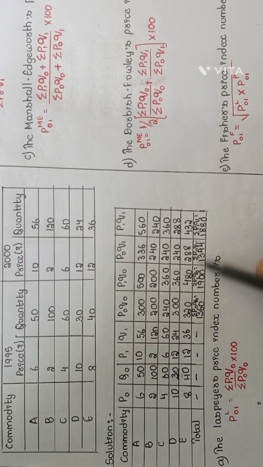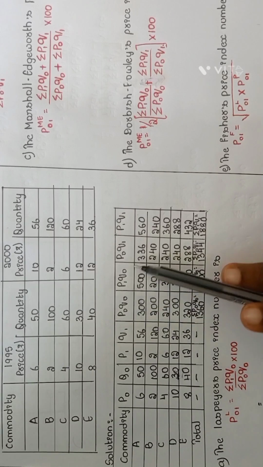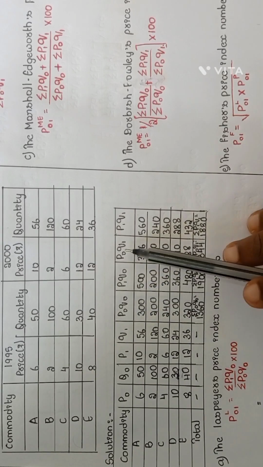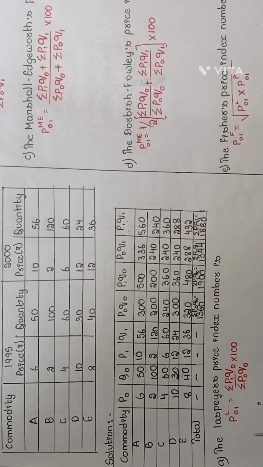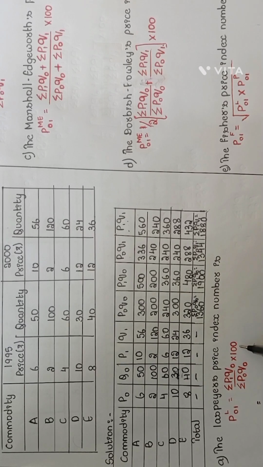Now we got all the values, that is summation P0 Q0, summation P1 Q0, summation P0 Q1, and summation P1 Q1. Now we have to compute the formula. So for last price index number, the formula is summation P1 Q0 divided by summation P0 Q0 into 100.